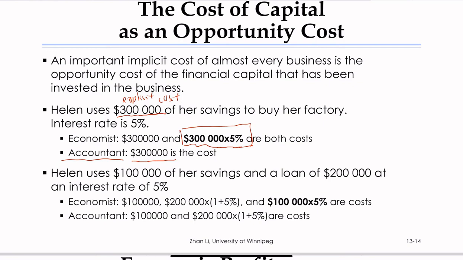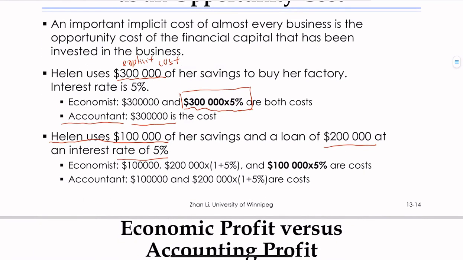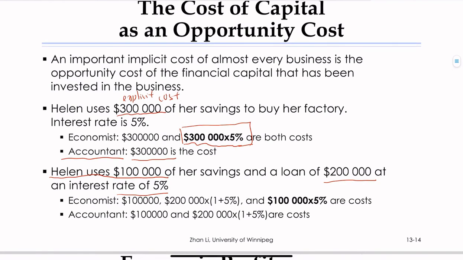Right? Okay, now let's see the second case. Let's say Helen uses $100,000 of her savings and a loan of $200,000, and we assume the interest rate is still 5%. Now, what about the accountant? Well, the accountant would see first, Helen pays out this amount, and second, Helen borrows this amount, and in the end, Helen has to pay the interest expense, right?